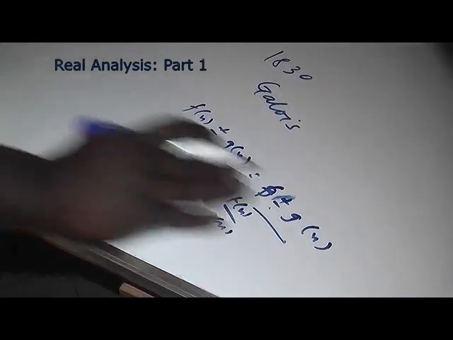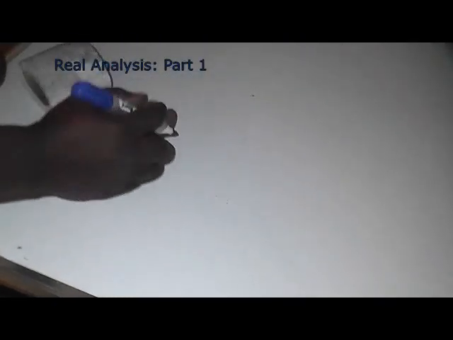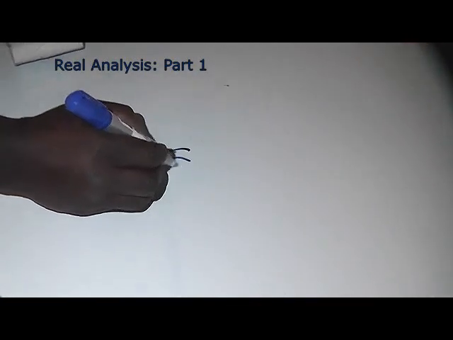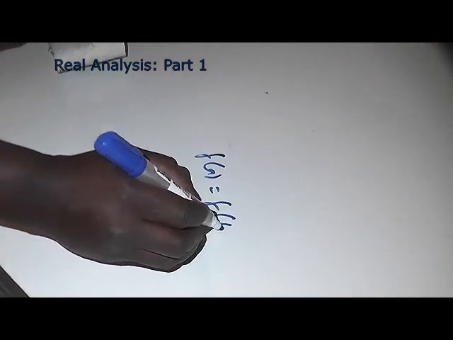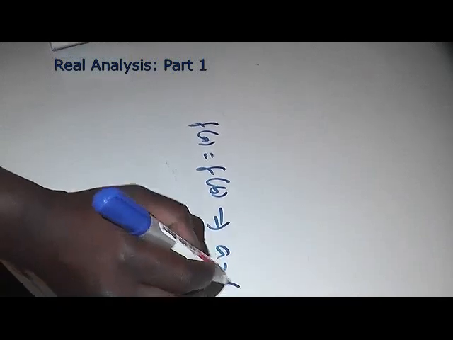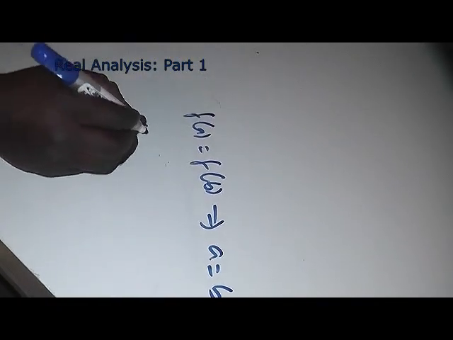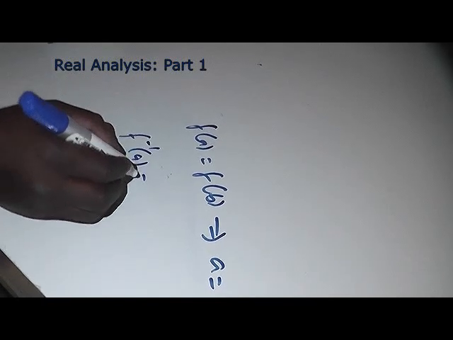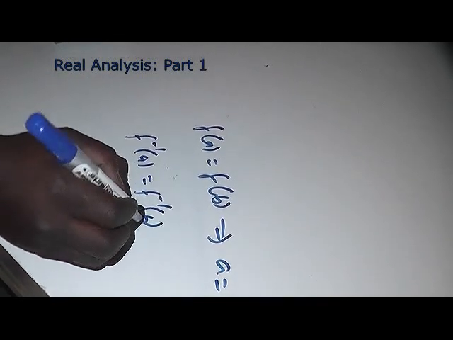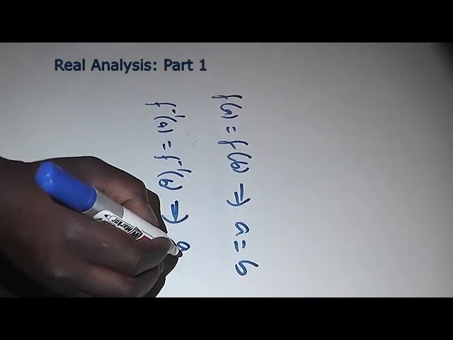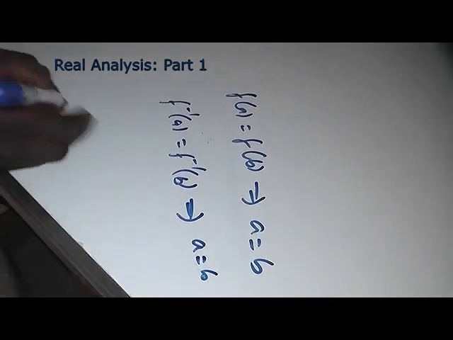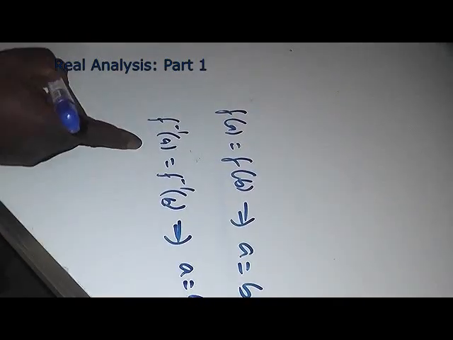Now, to check oneness, we try if f of a equal to f of b implies a equal to b, the function is 1-to-1. If f inverse of a equal to f inverse of b implies a is equal to b, it is onto.